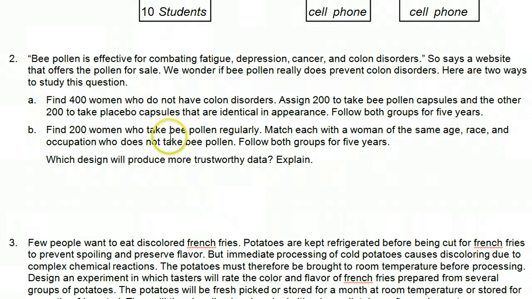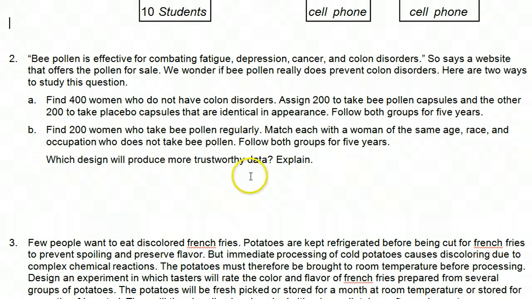But accidentally, by grouping together 200 women who already take the bee pollen regularly, you might not know it, but women who happen to take bee pollen on a regular basis, that's something that they already have in common. They might have other things in common that are going to affect the outcomes of the study.